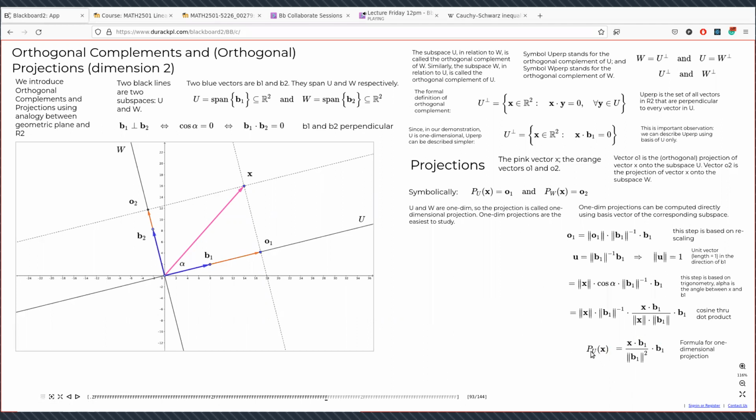Projection onto the subspace U of X computes like this, or you can even say like that: projection onto the subspace spanned by, it's a typo, not U, it's supposed to say B1, spanned by the vector B1 computes like this. I think in your first year, you used the notation like this: rather than putting the subspace in a subscript, you just state the vector onto which you project. The notation used in the first year book is like this: projection onto the vector B1.